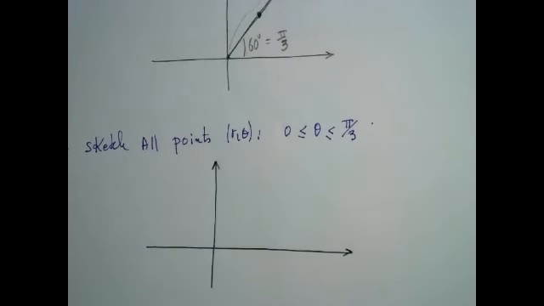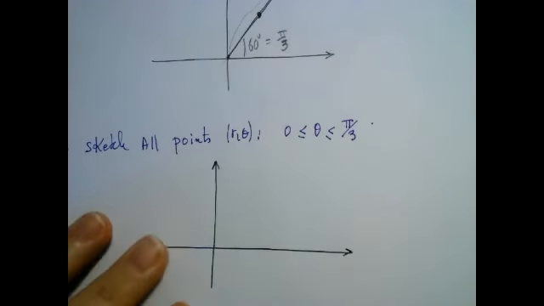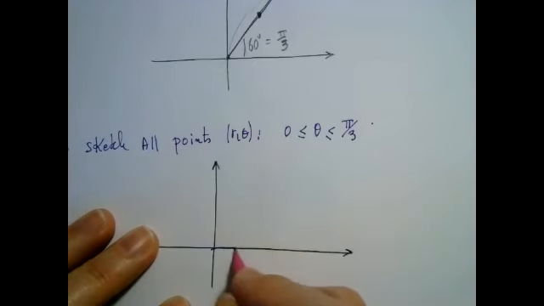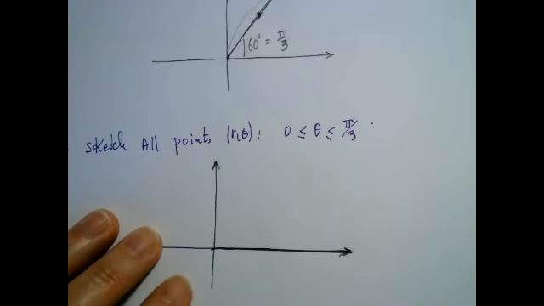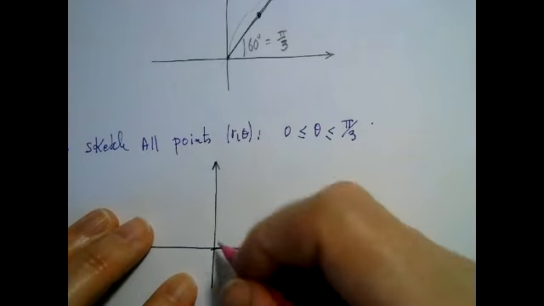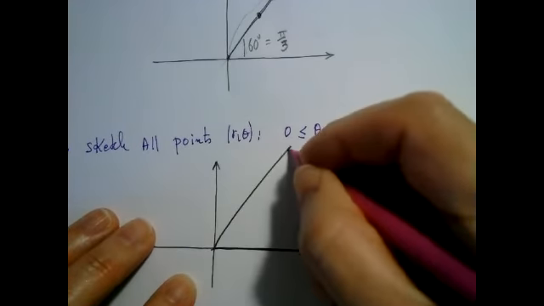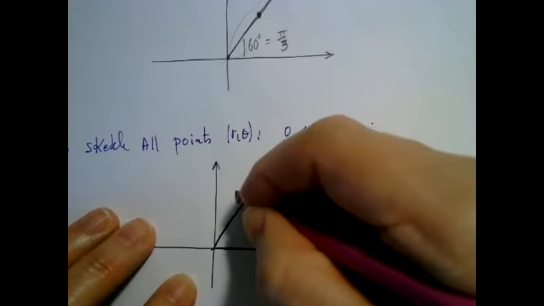Asia, what do you think it's going to be? I think it'd just be a shaded-in triangle between the 2 points. Right. That's theta equals 0, and pi over 3 is 60 degrees, that's theta equal pi over 3.